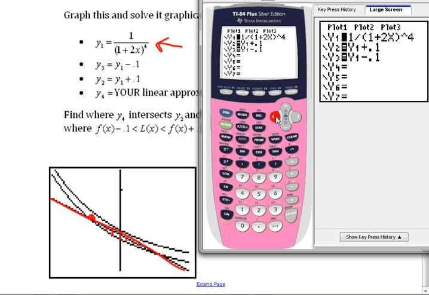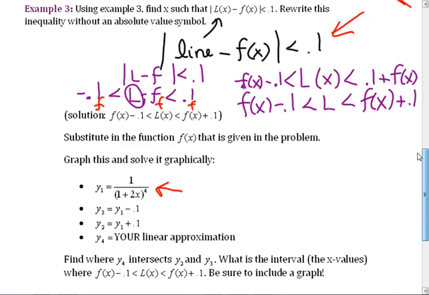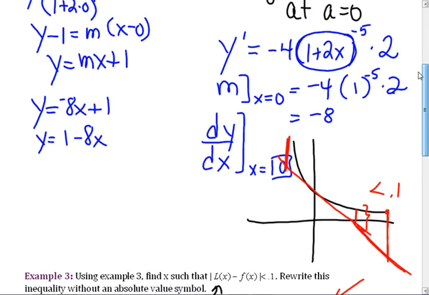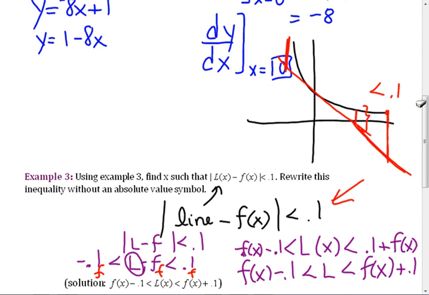But I'm not done yet because I need to graph the line, which I'm going to put in y4. And what's y4? 1 minus 8x? Is that what it was? It's kind of cool, because that was my linear approximation from this problem. Remember when we did that? So what I'm going to be doing is shifting this graph up a little bit, which doesn't intersect at all, and then down a little bit.